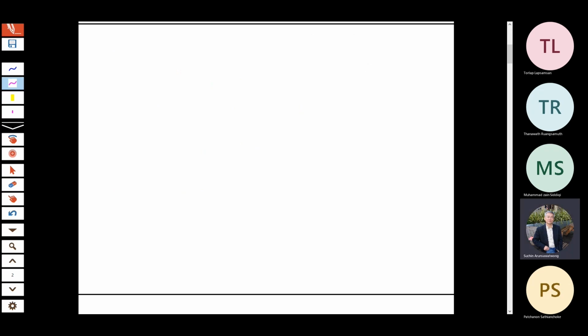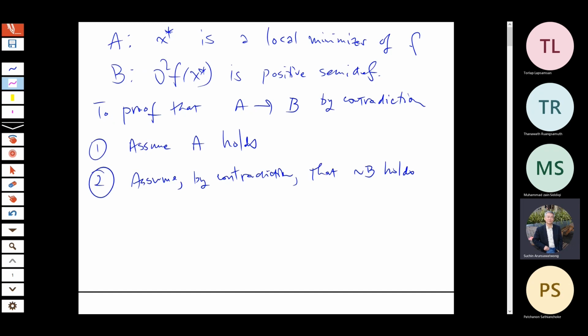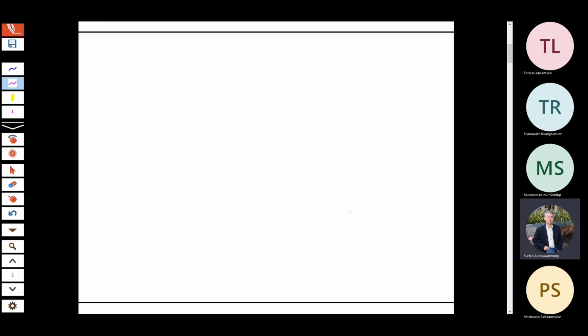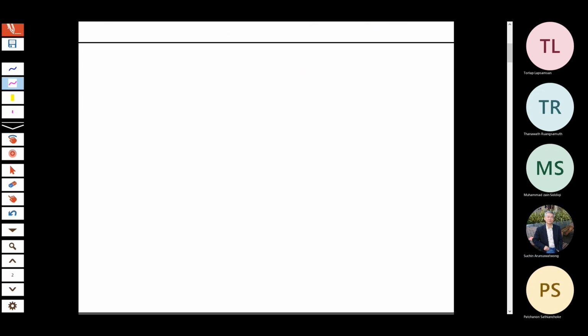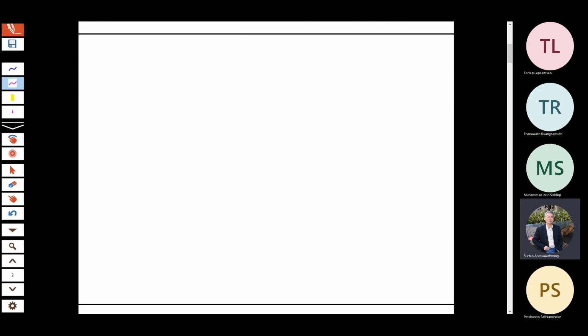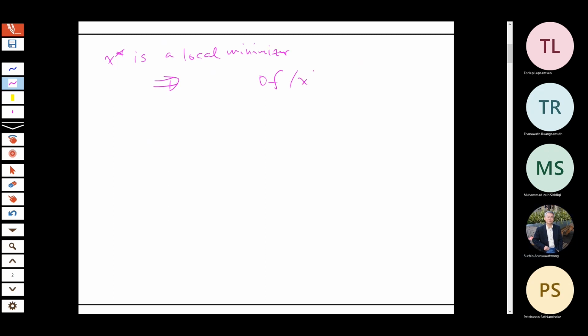So from here, we will see what happens. Since x star is a local minimizer, from the previous theorem, the gradient of f is 0.